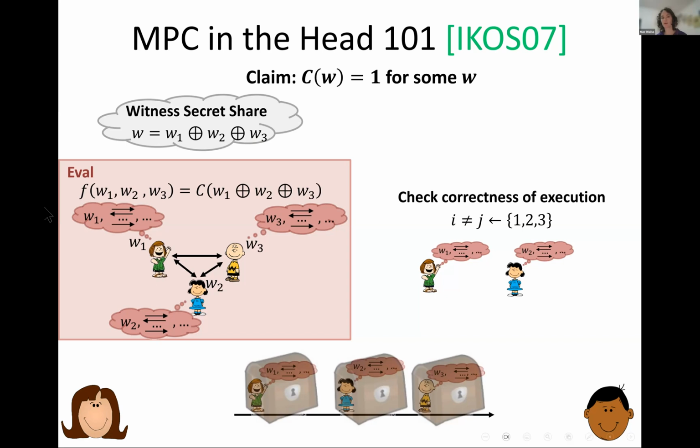So the prover runs an MPC protocol for a public function which reconstructs the witness from the secret shares and then evaluates the circuit. The prover then commits to the trace of this execution, which is the views of all the parties, and the verifier checks the correctness of the execution by opening up a subset of the views.